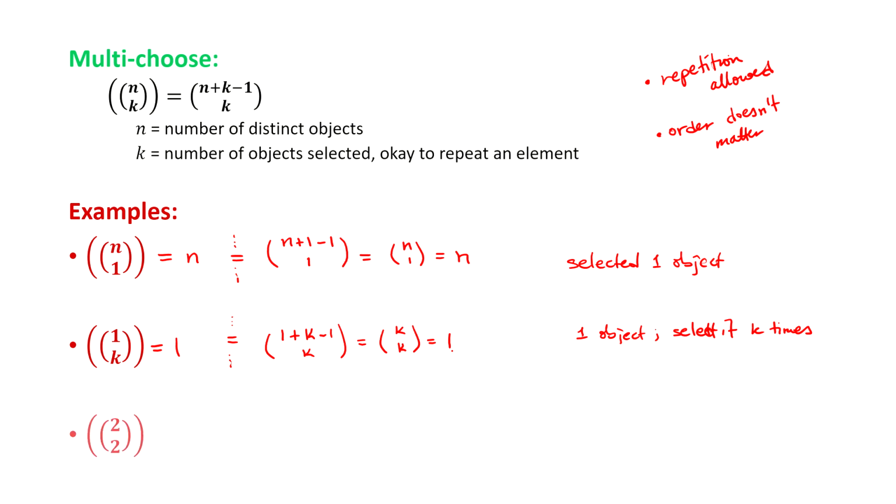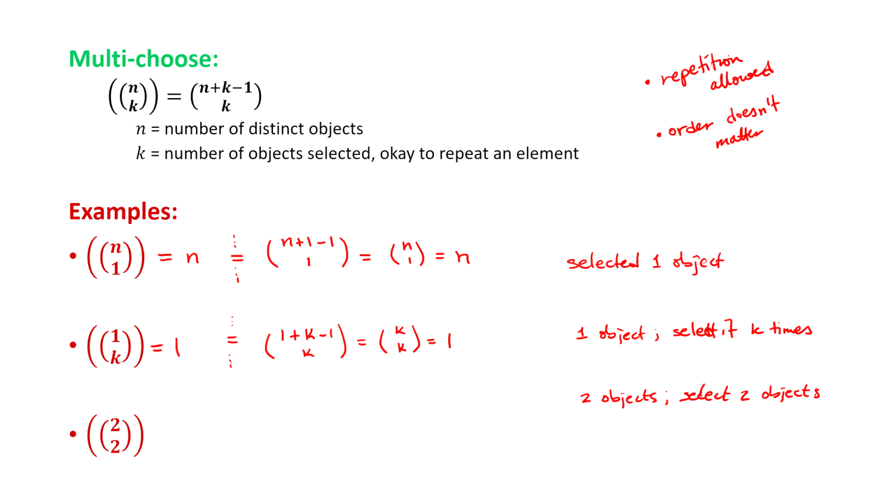Now, a non-special case. Those first two were special cases. This one here illustrates 2 multi-choose 2. It says you have 2 objects, and you want to select 2 objects, and repetition is allowed, so it's okay to pick the same object twice.